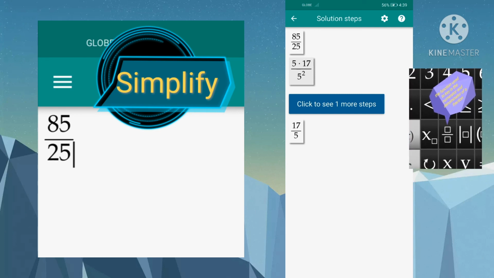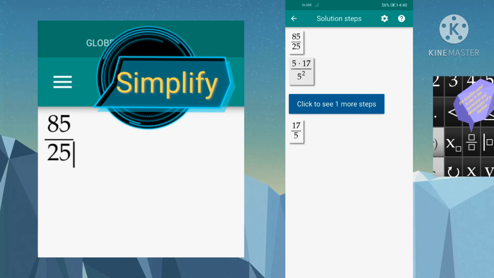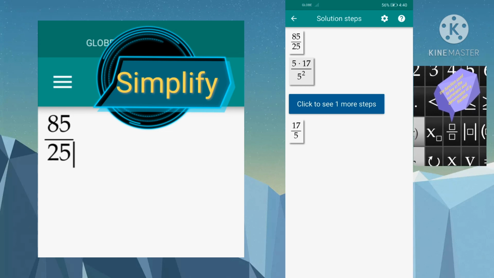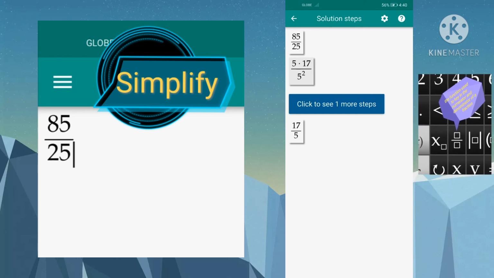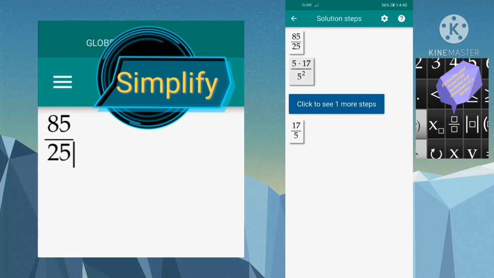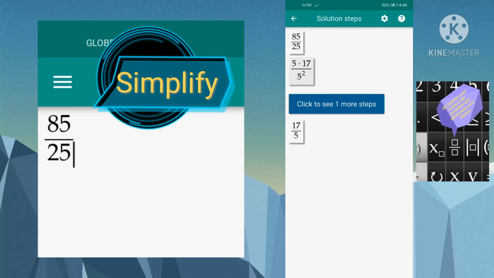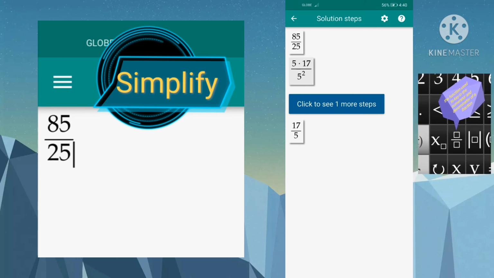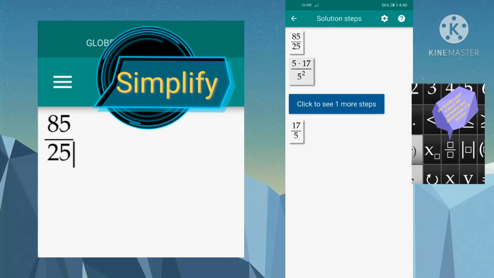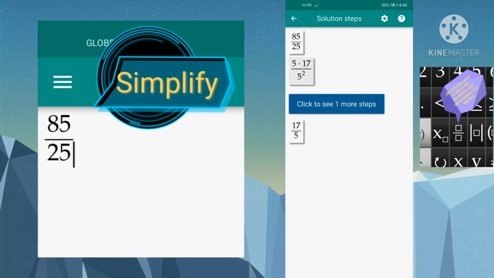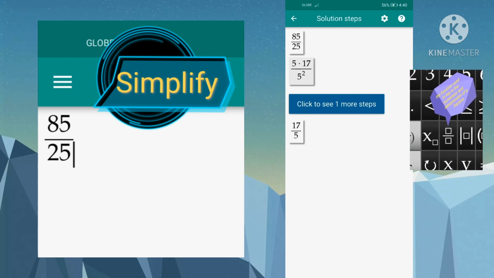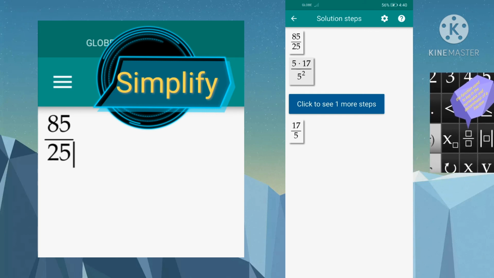So, your 85 over 25, its simplified form is 17 over 5. So that's how easy using the ALGEBRATOR in simplifying fractions. Napakadali lang. I-represent niya lahat yung solution, tapos ibibigay niya yung tamang answer.